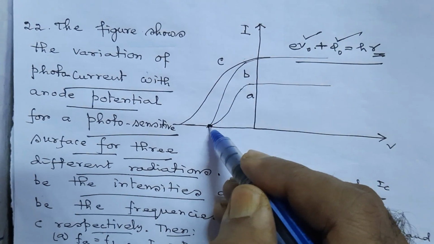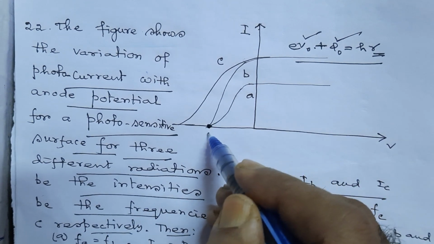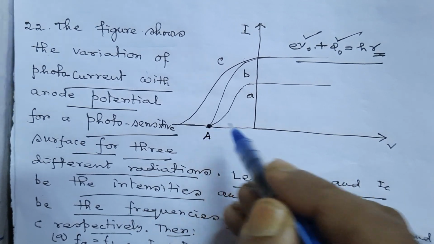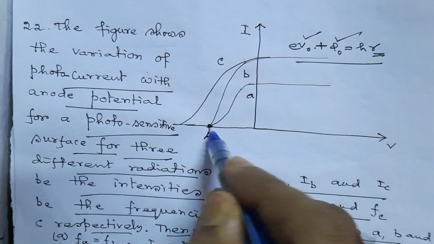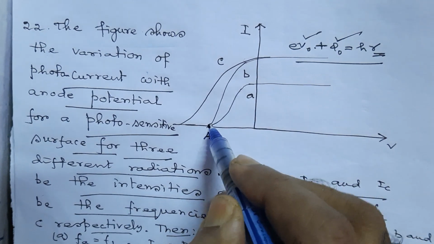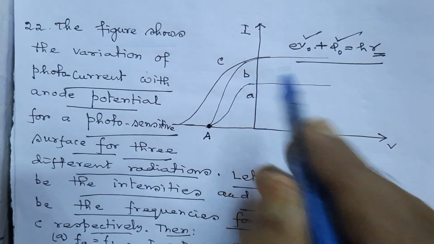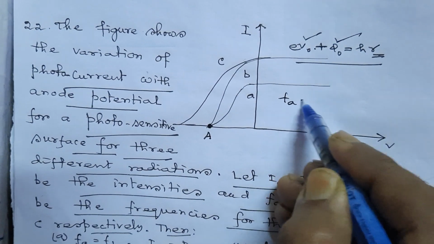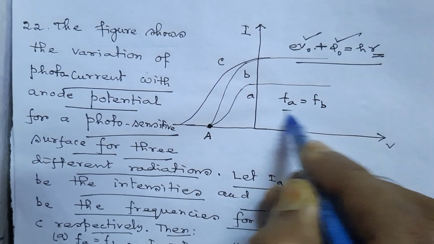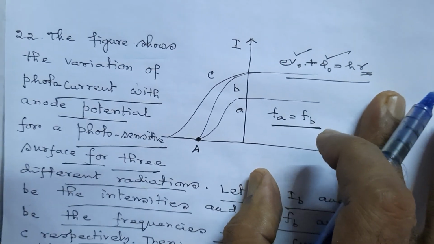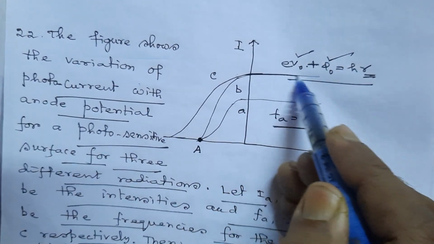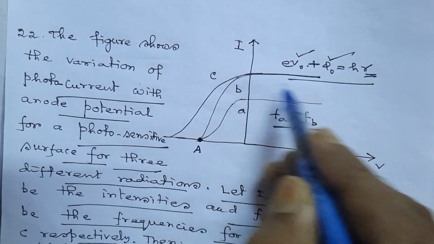For A and B, the curves meet at a common point, and that is the stopping potential. As the stopping potential of A and B are equal, FA equals FB, the frequency of radiation in this case is equal. We also see that the saturation current is the same for B and C.